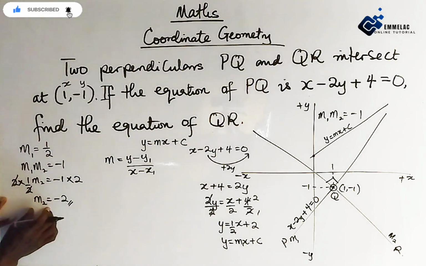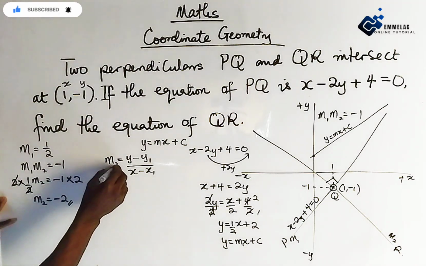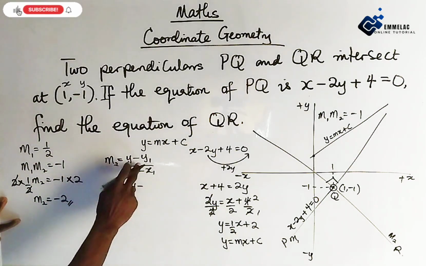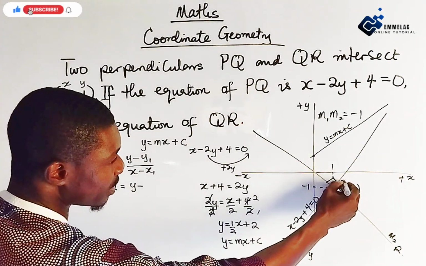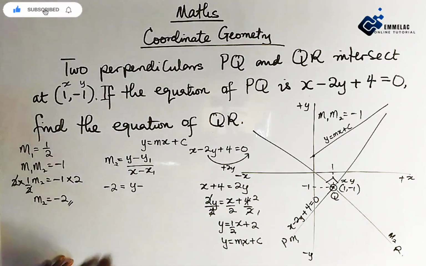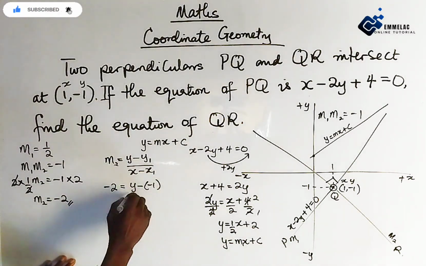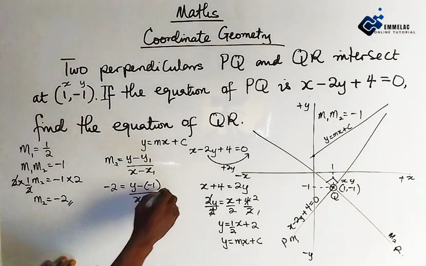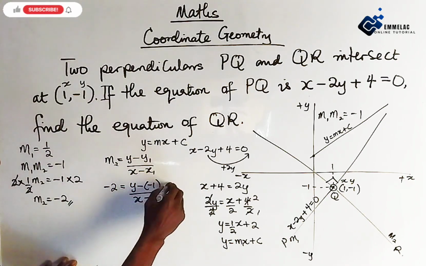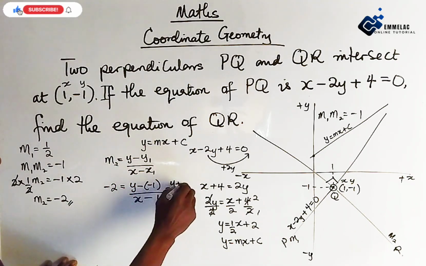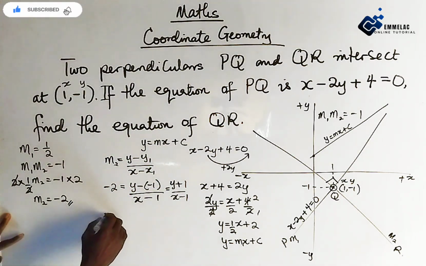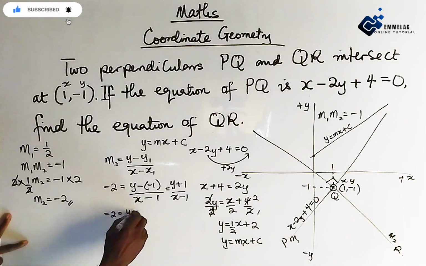So m2 here, which we were looking at, becomes -2 equals y minus y1. Think that this is x and this is y. So it's -1, all over x minus 1. Resolving this, we have y plus 1 all over x minus 1. So this time we have -2 equals y plus 1 all over x minus 1.